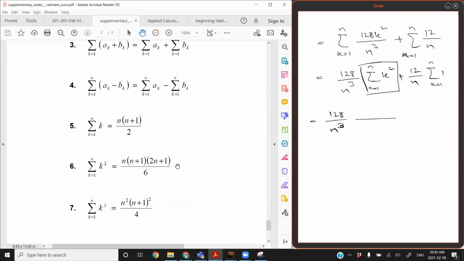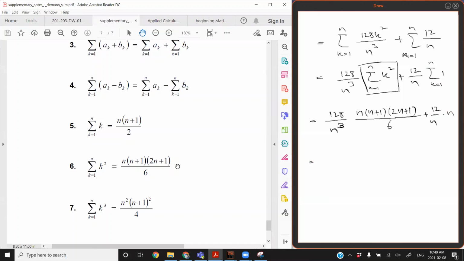So n times n plus 1 times 2n plus 1 over 6, plus 12 over n times, what is this? This is just 1 plus 1 plus 1 plus 1, n times. So this is simply n.